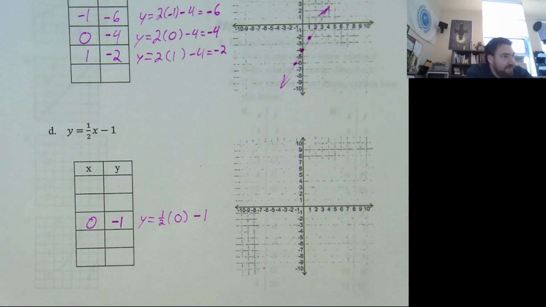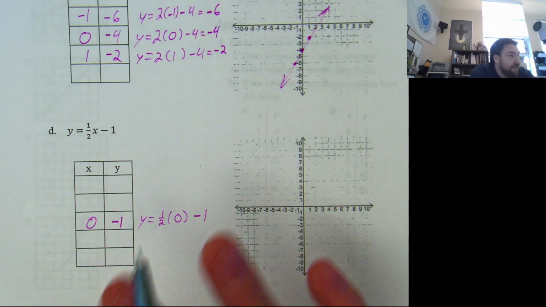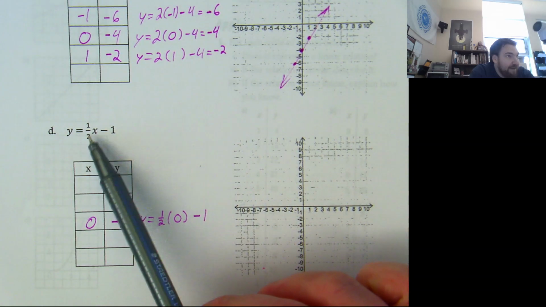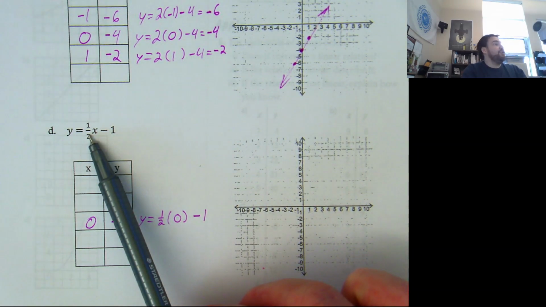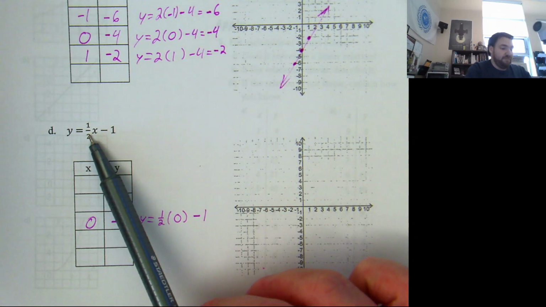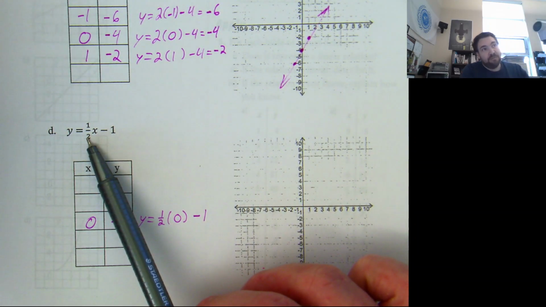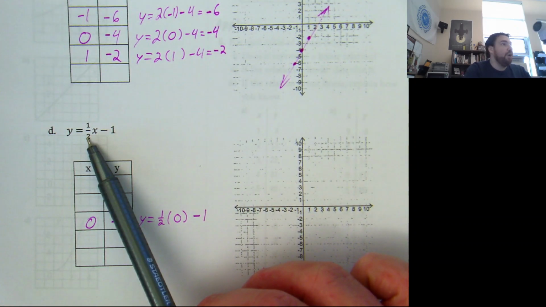Does anyone see the point of this example? What's the problem here now? Sorry, Gershon? Yeah, if I pick 1 and negative 1, I'm going to have to multiply it by a half here, and I'll be introducing a fraction. As much as possible, you want to avoid that.